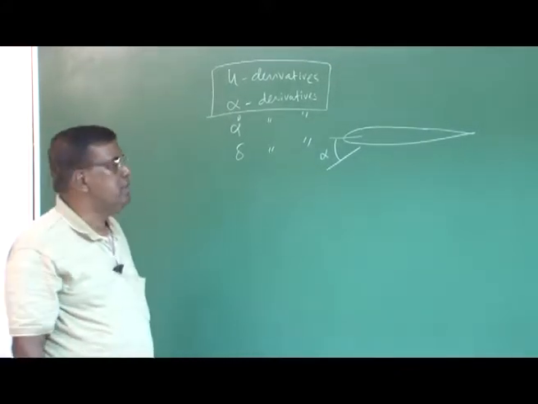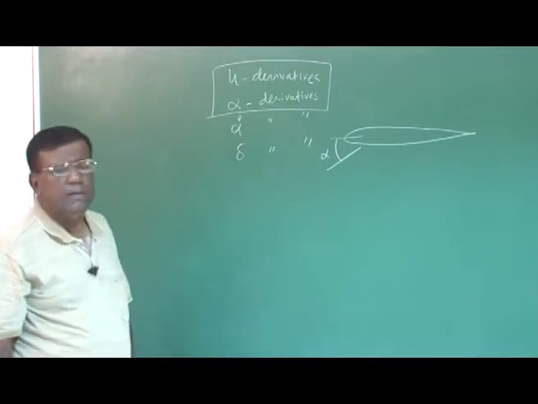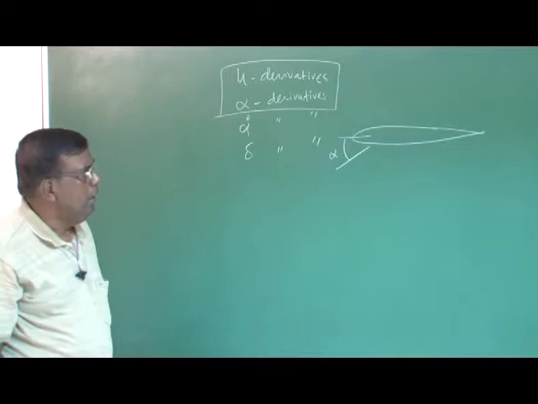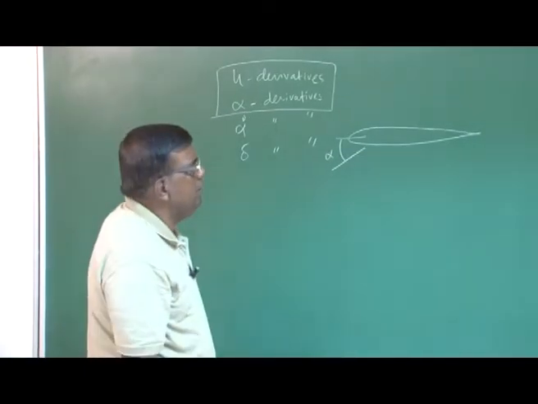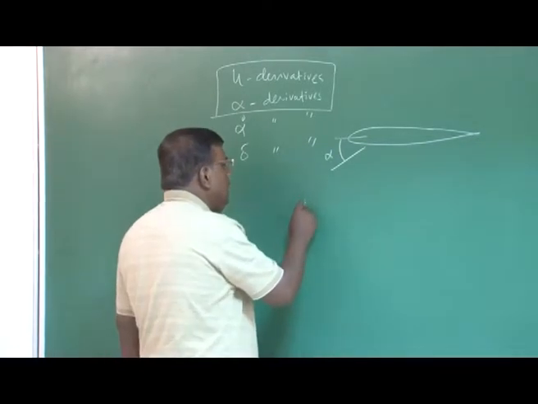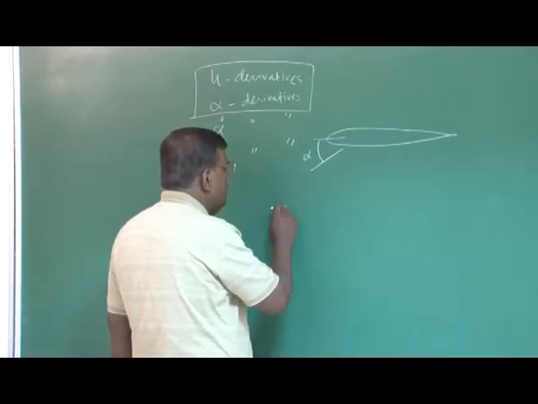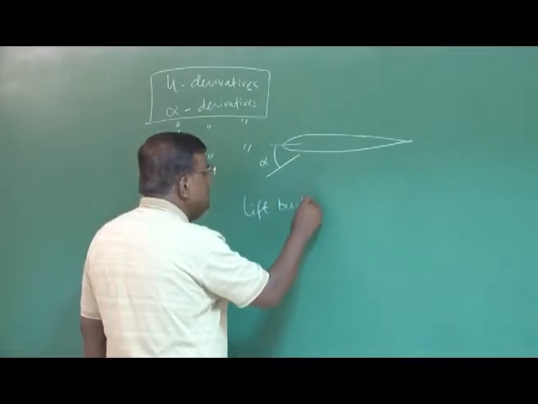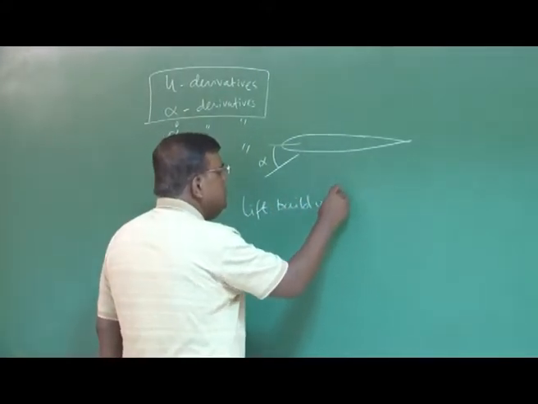However, in this case of the alpha dot derivative, we will assume that as soon as the wing, or any component, sees an angle of attack, the lift build-up is instantaneous.